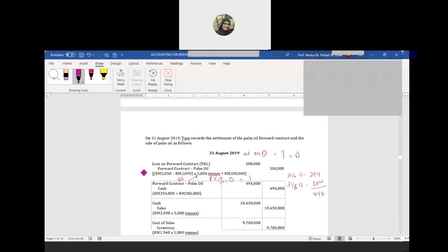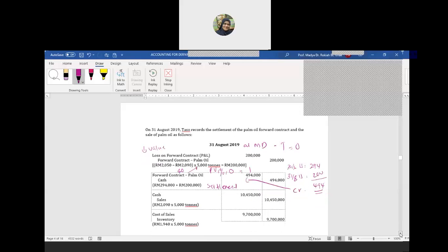Now you want to settle, which means you need to close your forward contract. Your forward contract has a credit balance of 494, so you debit forward contract and credit cash by 494. Then you sold your inventory on that date.